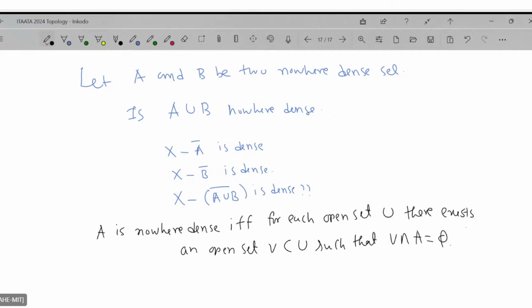That means, whatever open set U is given, can you find an open set V such that the intersection with A union B is empty? Now I think it is very easy. Let's try.